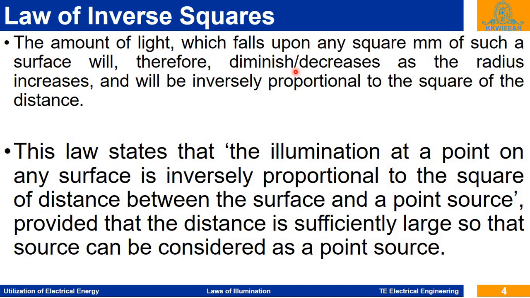So if we move away from the light source, the light falling on the inner surface of the sphere decreases. This inverse square law states that the illumination at a point on any surface is inversely proportional to the square of the distance between the surface and a point source, provided that the distance is sufficiently large so that the source can be considered as a point source.